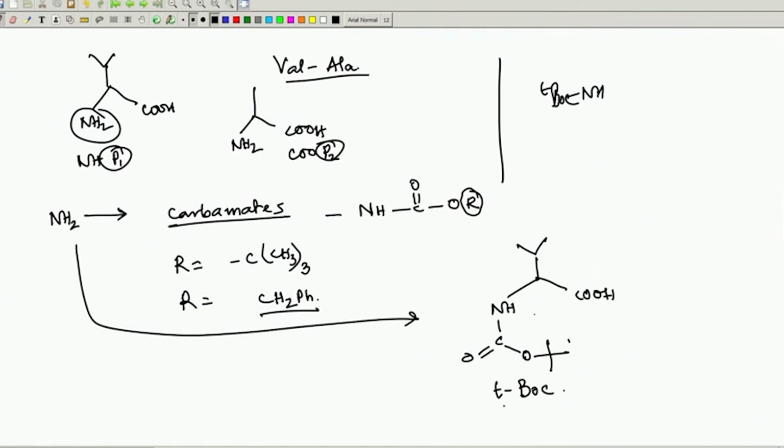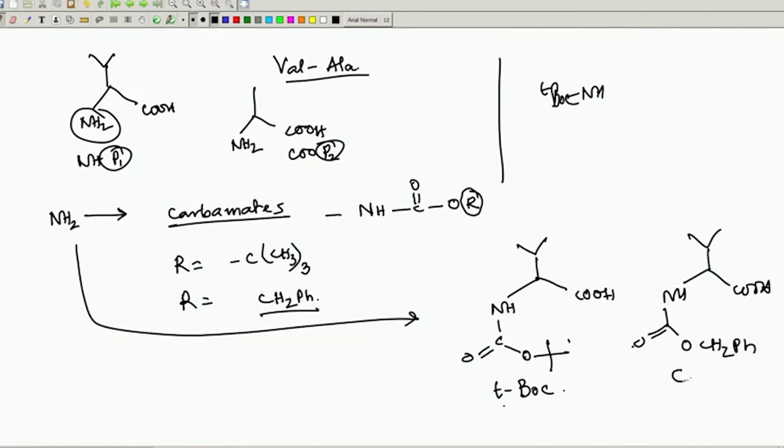Instead of the tertiary butyl, you can also have benzyl, and then that will be called NHCO, O, and then CH2Ph. This is valine. This will be called benzyloxycarbonyl. Unfortunately, when it was discovered earlier that this is a good protecting group for the amine functionality, it was called carbobenzoxy.